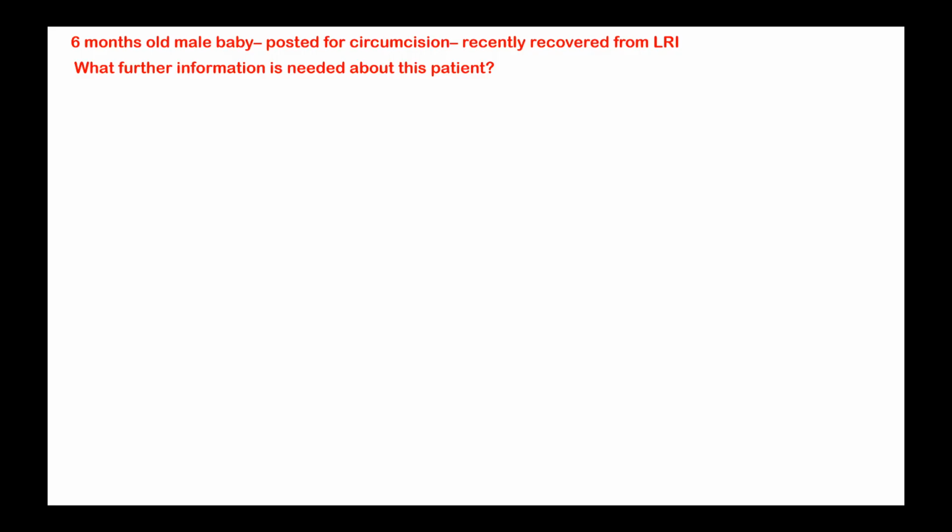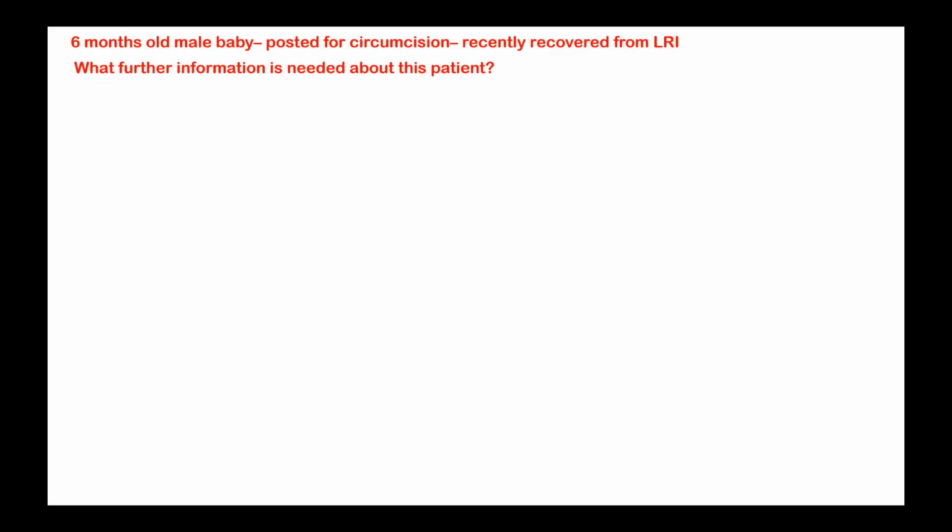Any pediatric patient or infant less than 1 year, what is the first and foremost history you will receive? It's a preterm or term baby, sir. That is called birth history. Whether it is a full term normal delivery or a premature operative delivery. Why is it important? Supposing it is a premature baby delivered at 34 weeks, taken care of in the neonatal ICU and then salvaged.